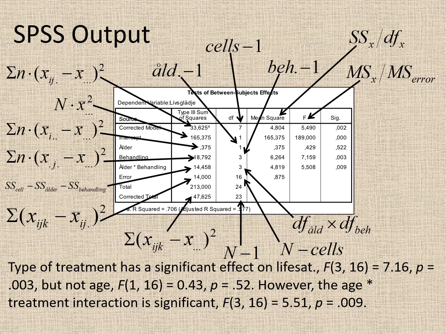So the probability of getting these big differences between the treatment group means, if there is no effect in the population of treatment, is so low, so we assume there is an effect of treatment. At least two of the treatment groups have differing levels of life satisfaction.